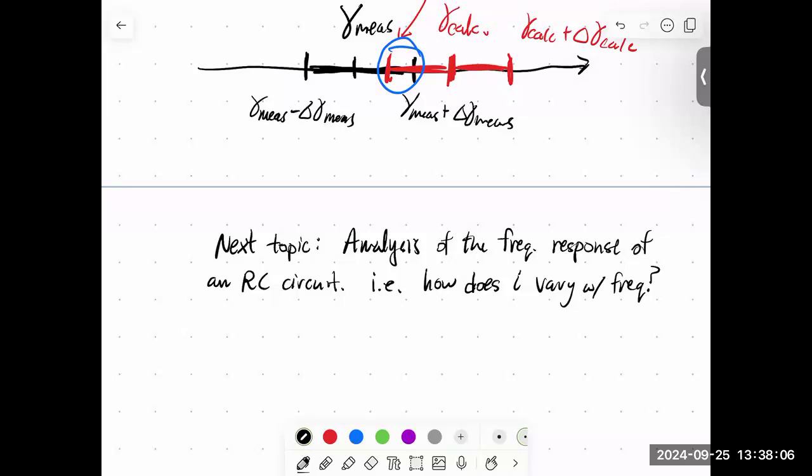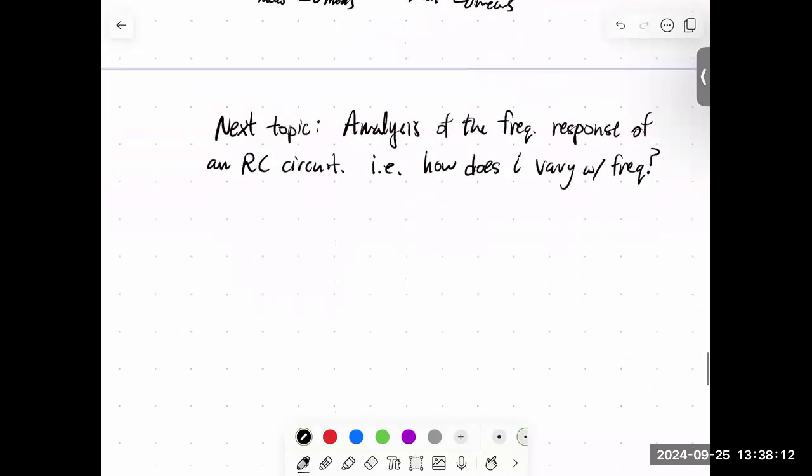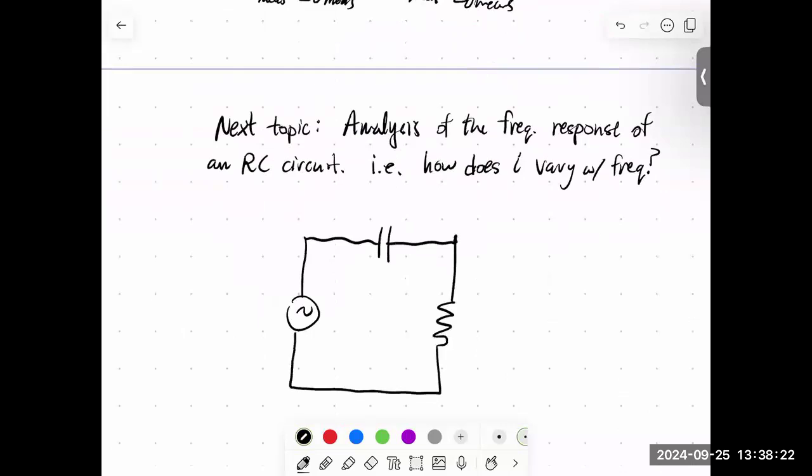Yep. So let's draw an RC circuit. So here's a capacitor in series with a resistor. We've drawn the circuit before. The only difference is we had a battery here before and maybe a switch.